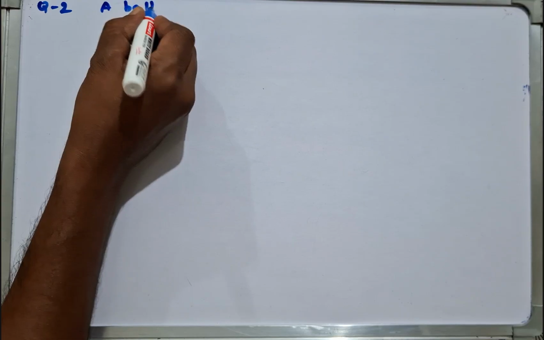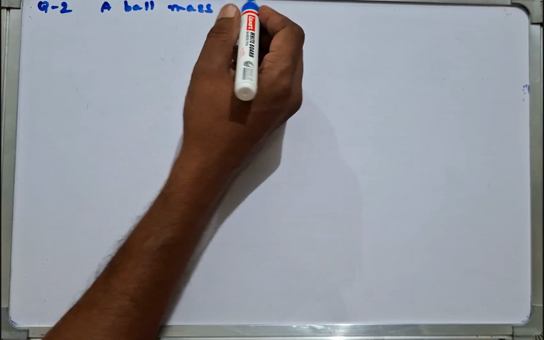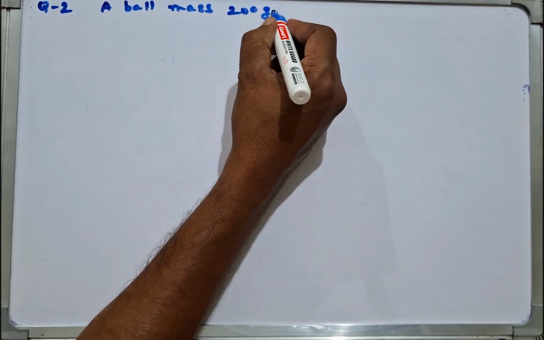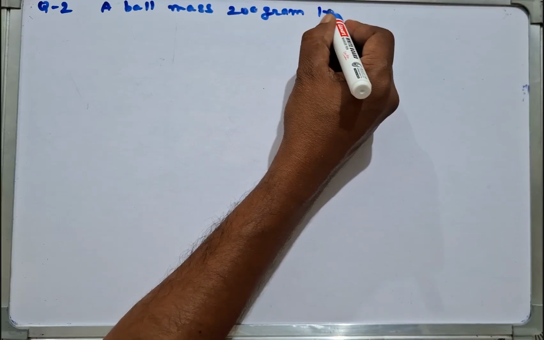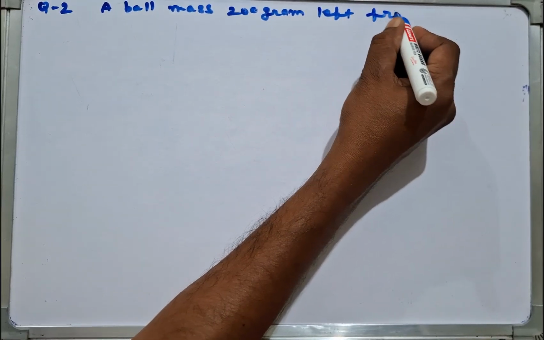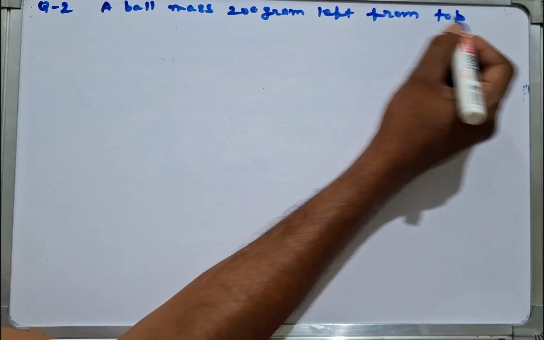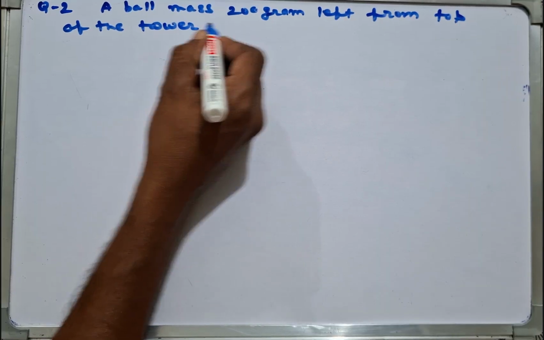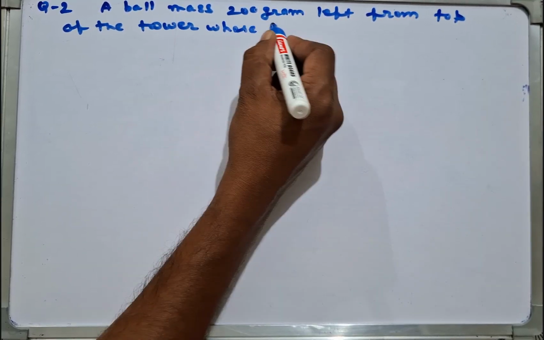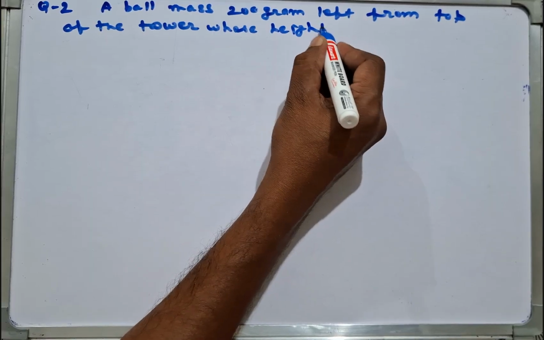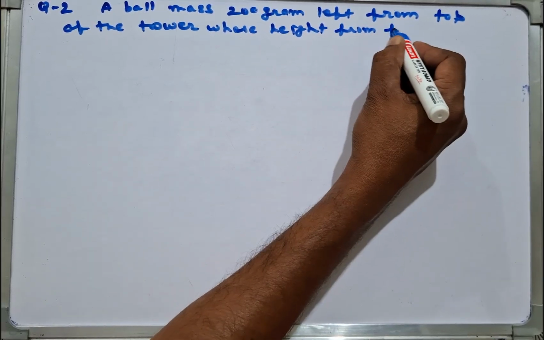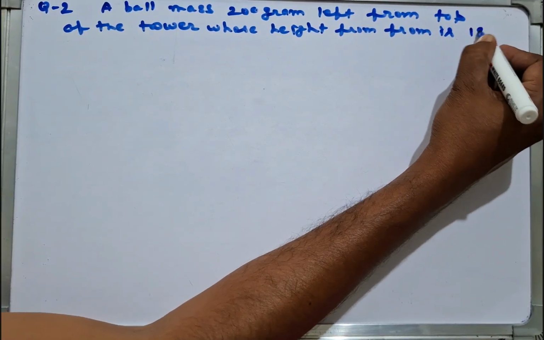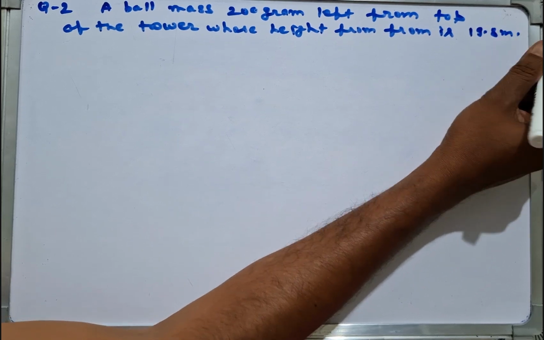A ball of mass 200 gram is left from the top of the tower whose height from the ground is 19.8 meter.